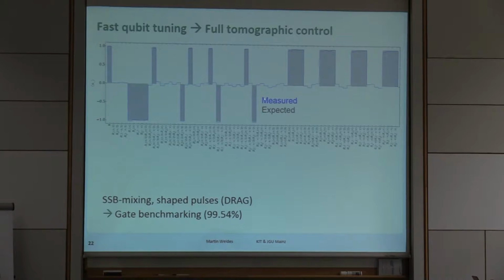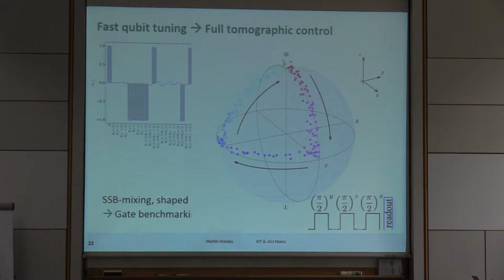The expected values are depicted in gray, the measured ones in blue, and by using several microwave techniques like single sideband mixing and shaped pulses, with derivative removal by adiabatic gating to reduce the population of the second level and beyond, we get a gate fidelity from benchmarking of 99.54%. It's just a number.